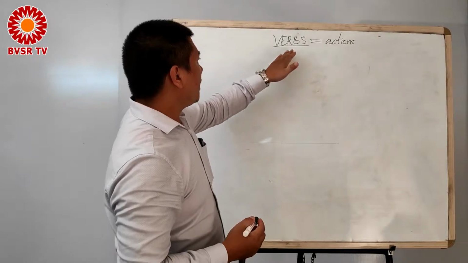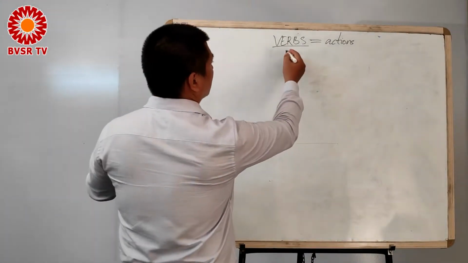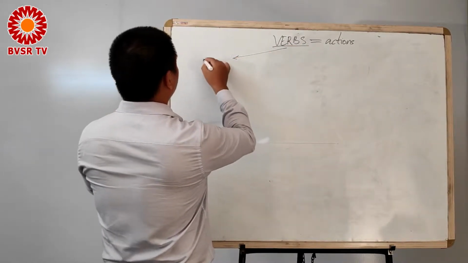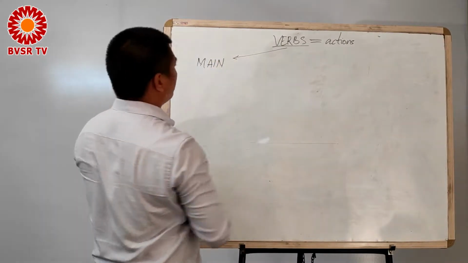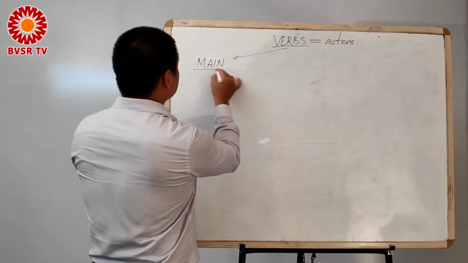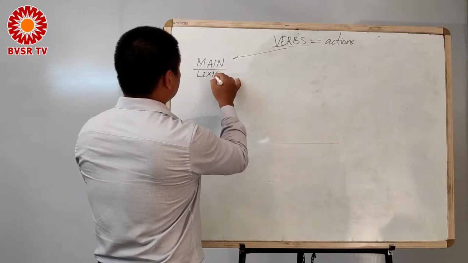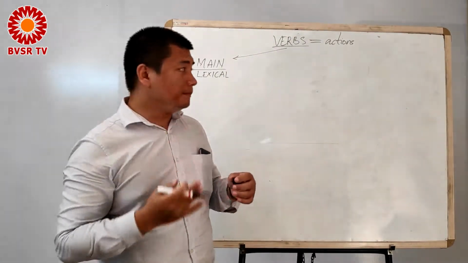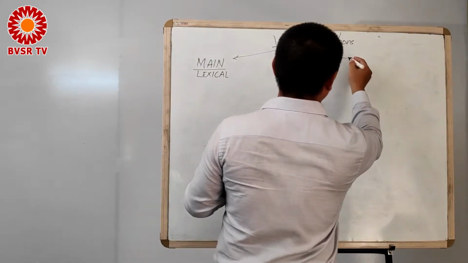Right now, I'll explain more about verbs and the categories of verbs. The first one is the main verb, or we even call it the lexical verb. So I write it here below: lexical verbs. And the next one is the auxiliary verb or helping verb.